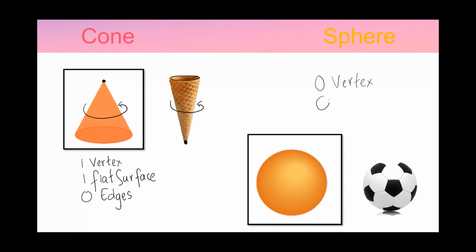No. Zero flat surfaces. And can you find any edges over here? Any straight lines? No. Zero edges. So keep this in your mind. A sphere is the only shape that has zero vertices, zero flat surfaces, and zero edges.